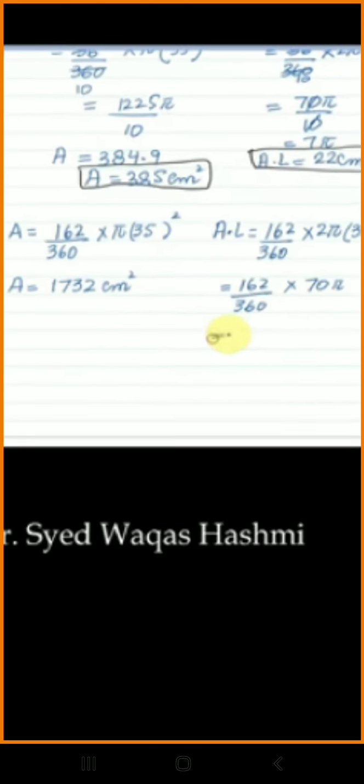Now you need to calculate it. So 162 times 70 times pi divided by 360 is 98.9. So we can say that arc length is 99 centimeter, right?